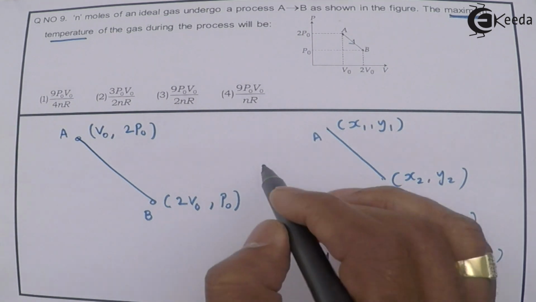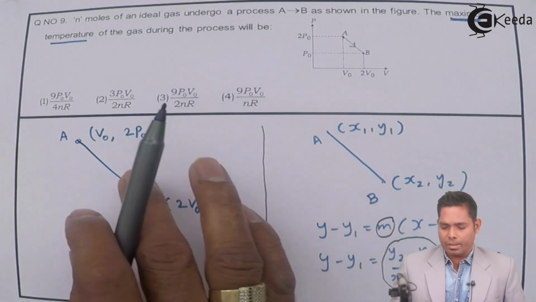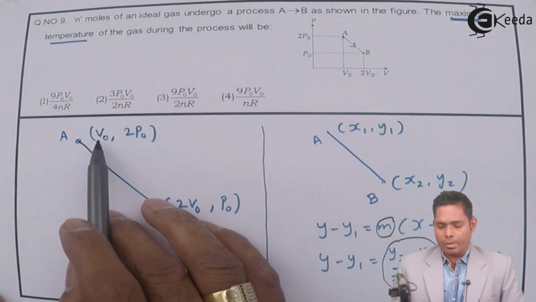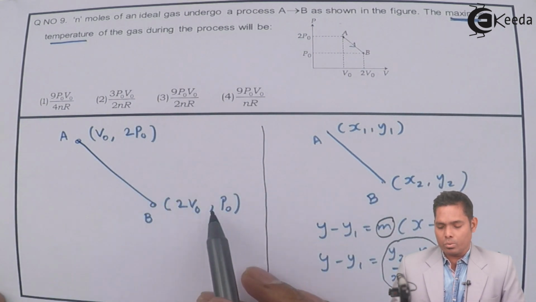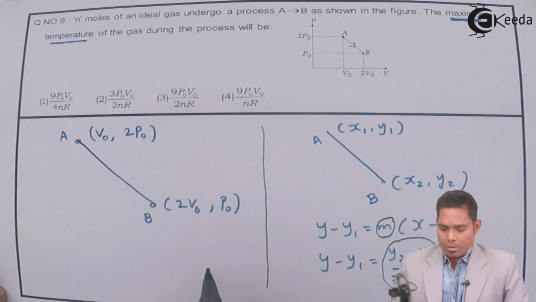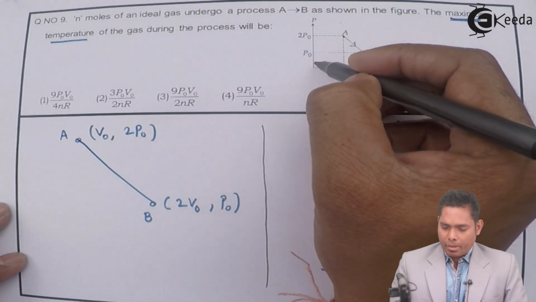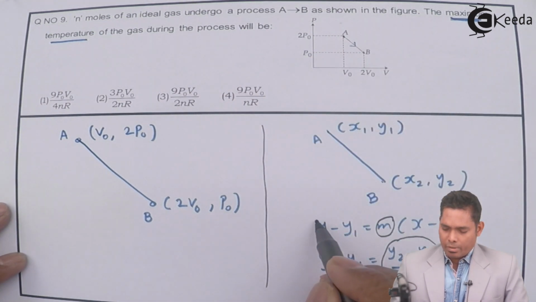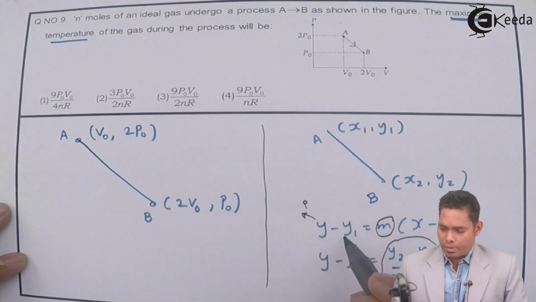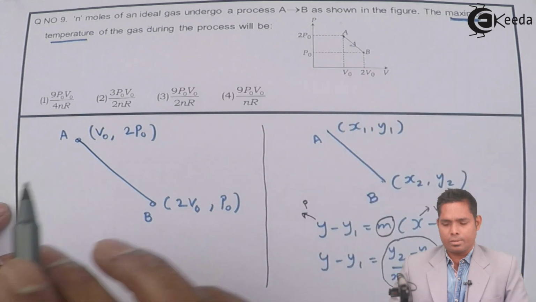Here I will use this concept. This is my x1, this is my y1, this is my x2, and this is y2. In place of y I'll write P, and in place of x I'll write V, because V is on the x-axis.